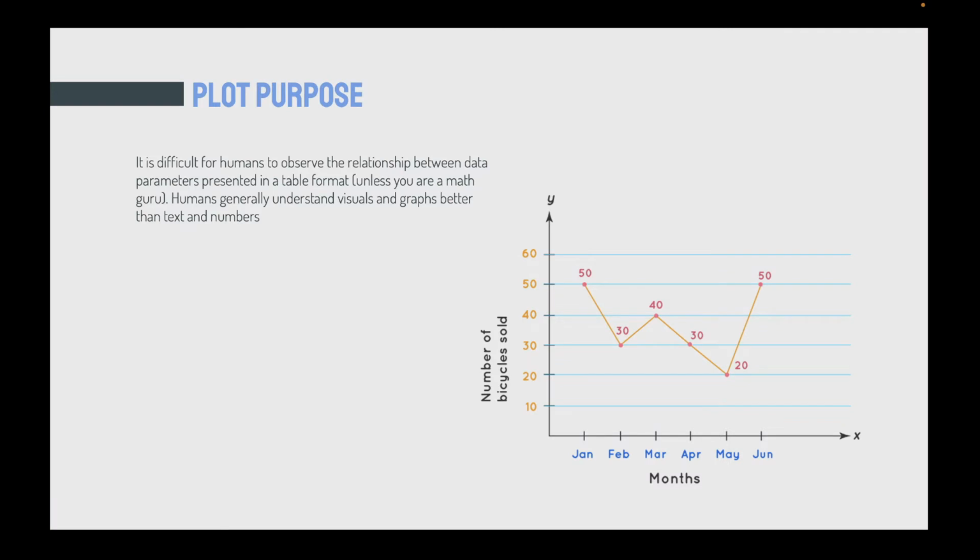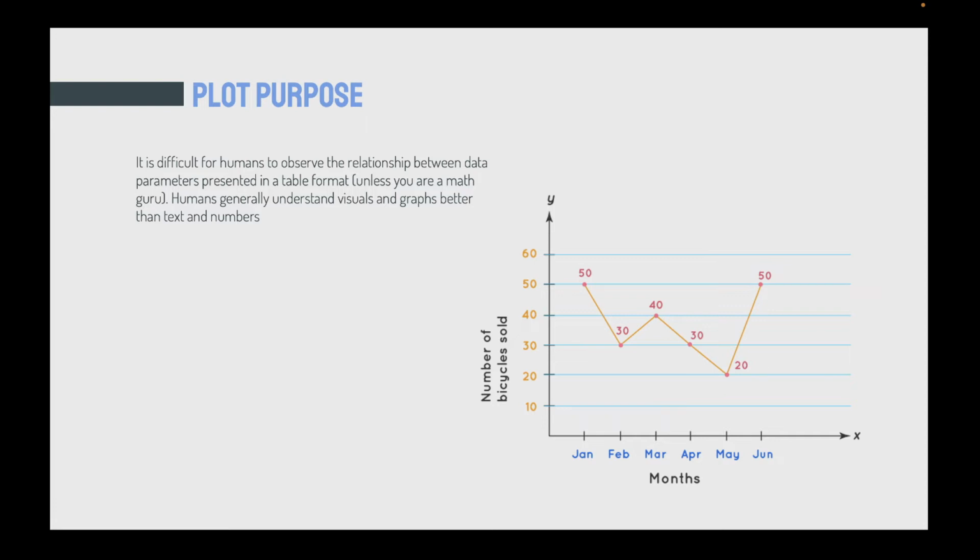So now what's the plot purpose? It is difficult for humans to observe, as we mentioned, by numbers and see the trend. You've got to go through the visual. You've got to see to be able to describe what's going on here, as we are visual creatures. So when you see here, you know that on the x-axis months from January to June, then you have on the y-axis number of bicycles sold, and you see the trend.